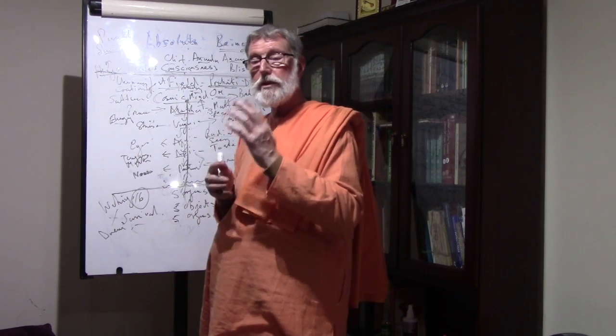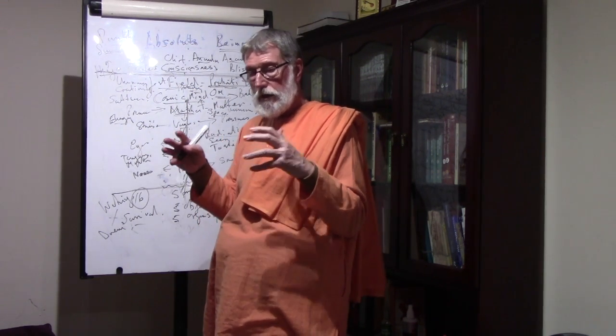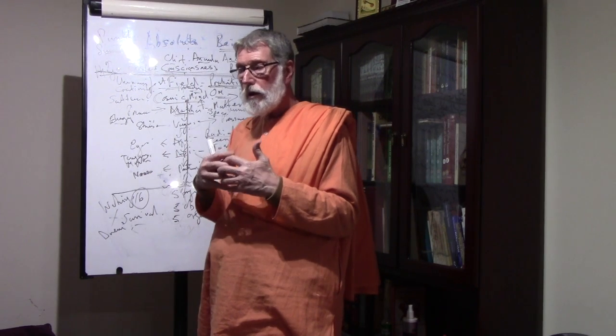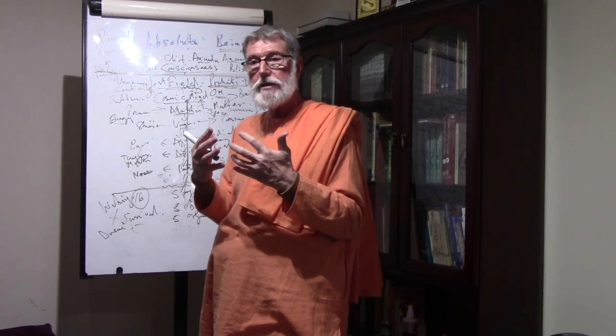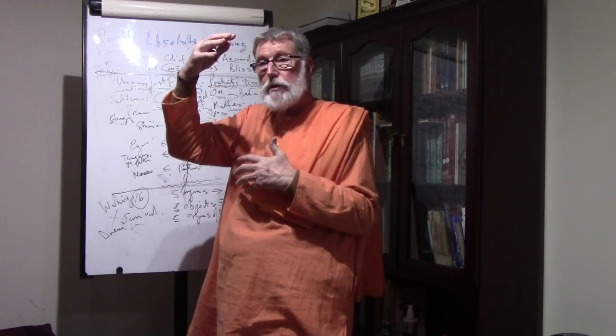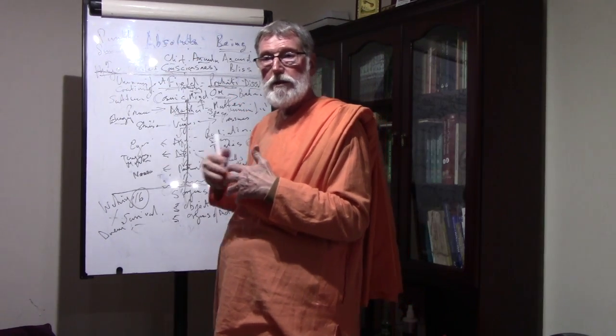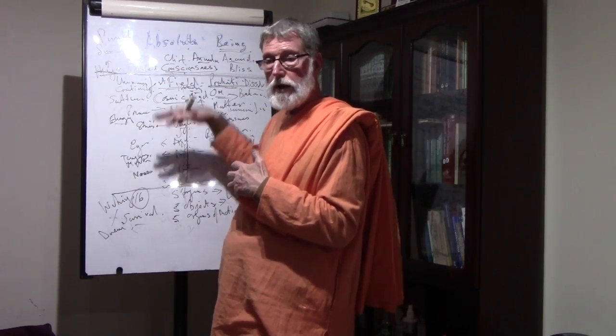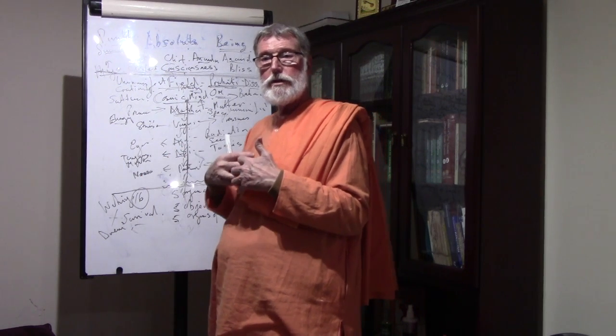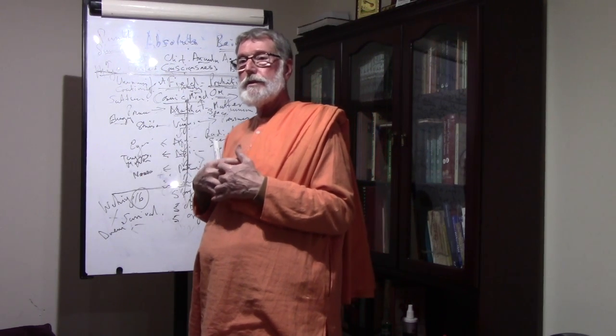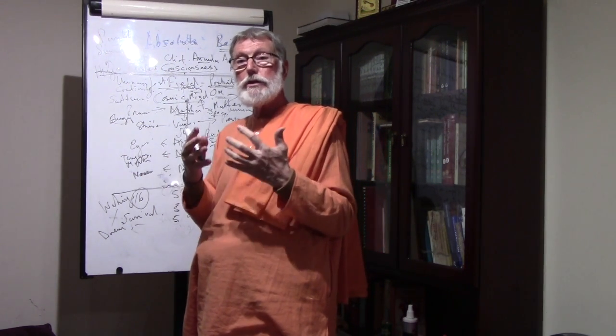So this is a very important chapter because it is laying out what is the structure of this and how should we distinguish this absolute from this manifest, the absolute from the relative. How should we do this? Why should we do it also? There's not just the academic version of it.